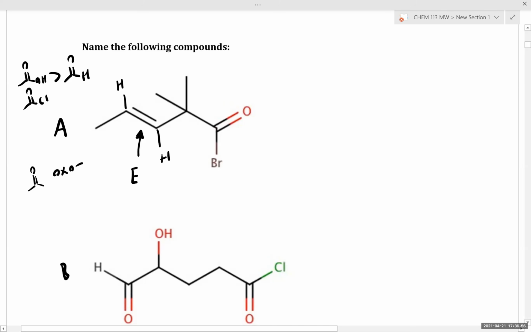So with this information in mind, would anyone like to try to put together the name into a full IUPAC name? Would anyone like to try to propose a full IUPAC name? Or is there a question I can address as you're putting together the IUPAC name for this first compound?